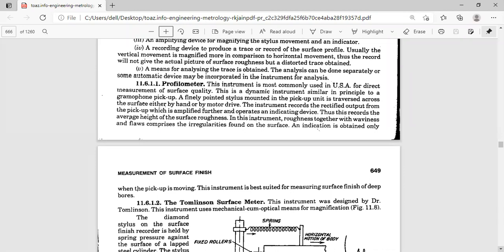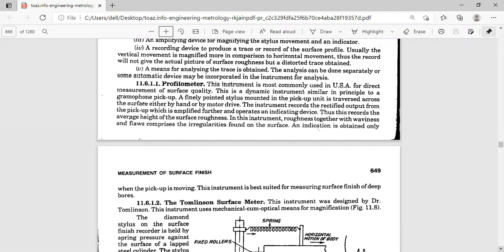Whenever the tracer moves over the surface to be tested, it will be displaced vertically up and down due to the surface irregularities that are present on the machine surface.